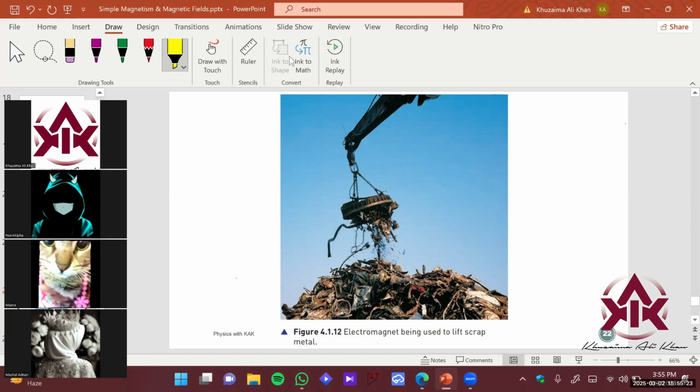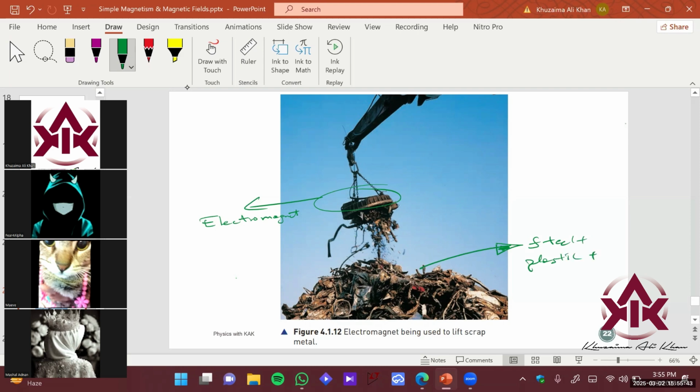So they have a crane here, okay, and this is your electromagnet here, right? And this is scrap metal material. Let's say this is garbage here. It has steel plus plastic plus clothes.